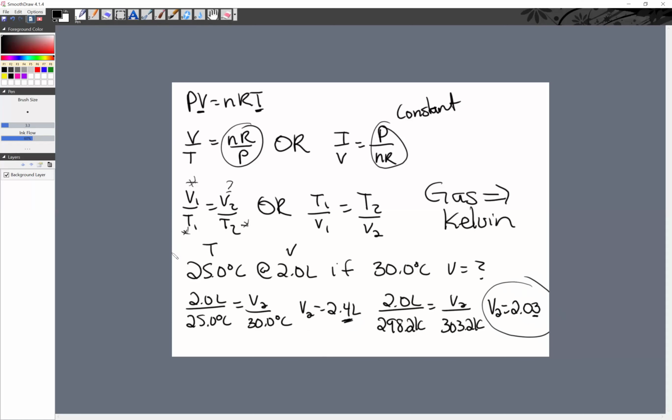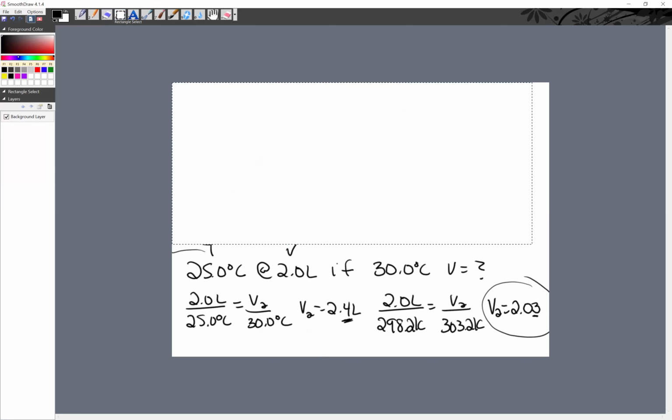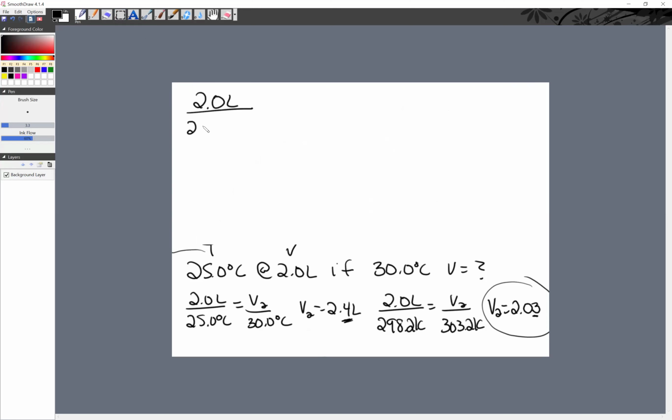Erase this top portion. This is what the math should look like. 2.0 liters over 25.0 degrees C plus 273.2, that's Kelvin, all over V2 over 30 degrees plus 273.2.